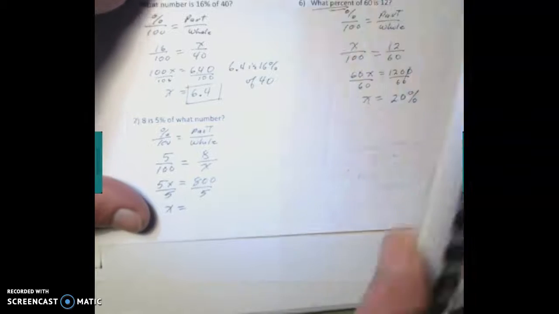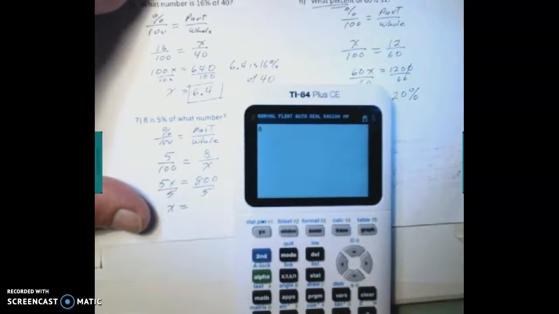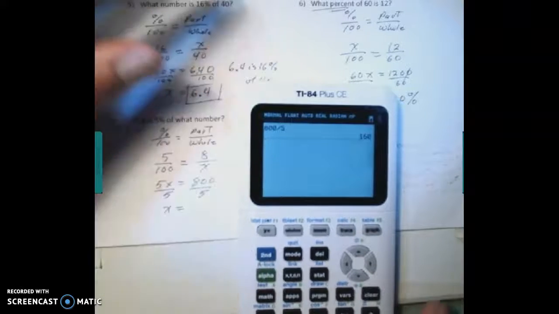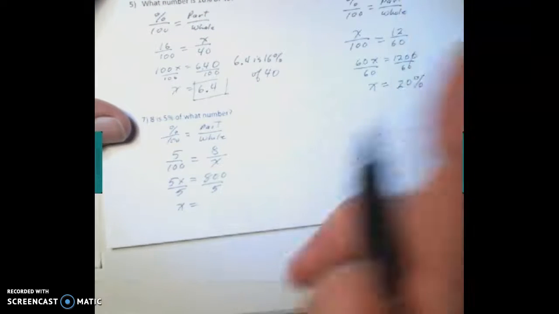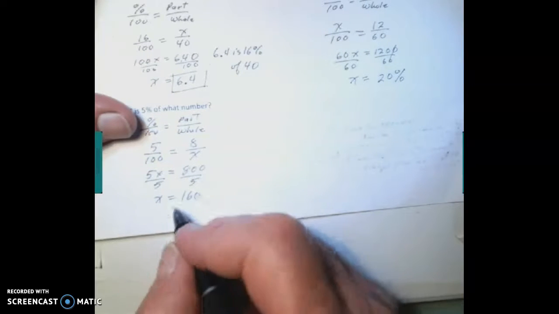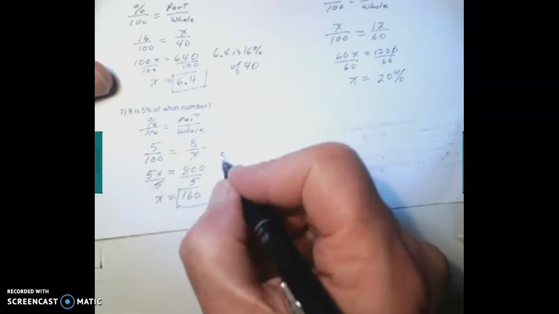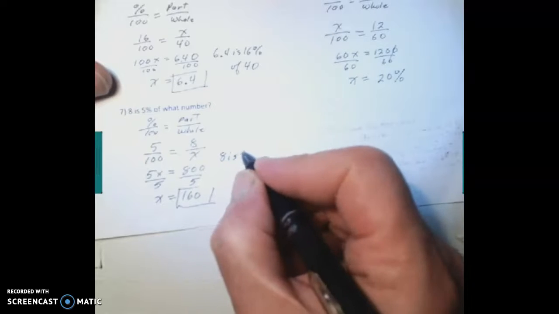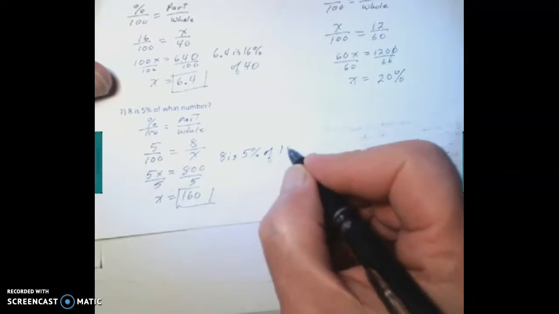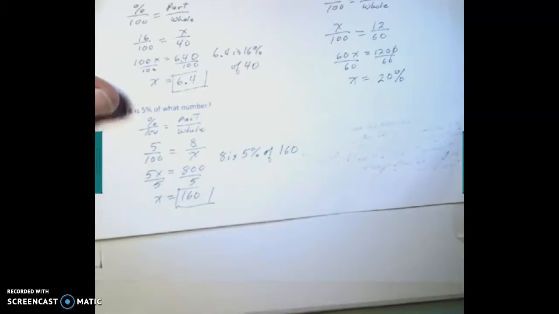I will run to a calculator for it, just for the heck of it. 800 divided by 5 gives me 160. 160. That is my answer. Again, you could put it back into the sentence. 8 is 5% of 160. Okay? That is it.